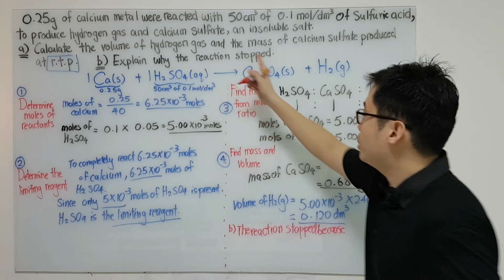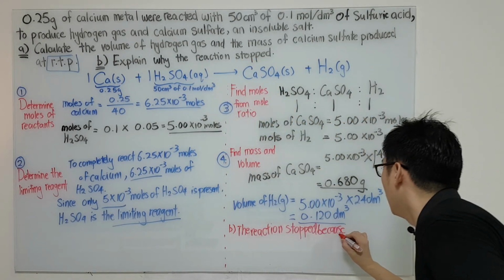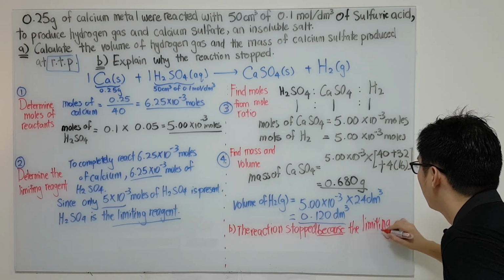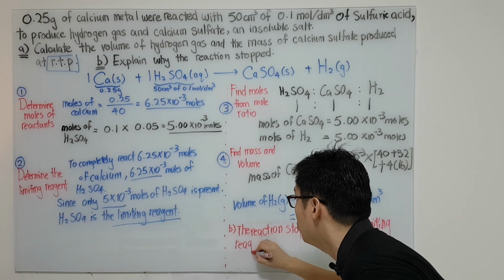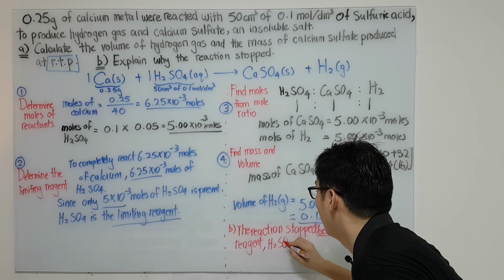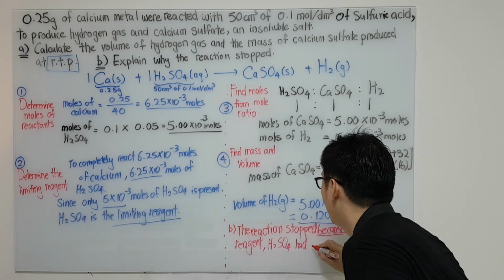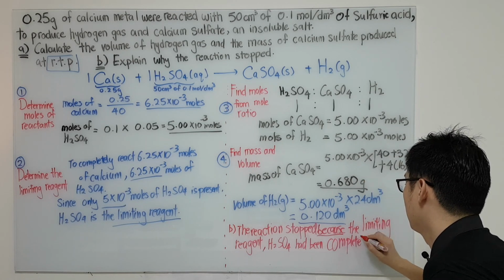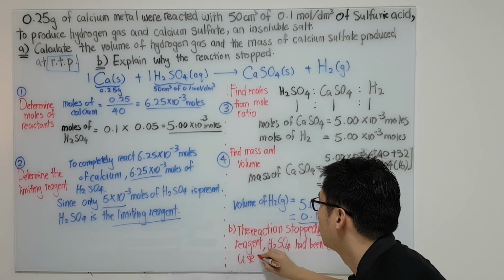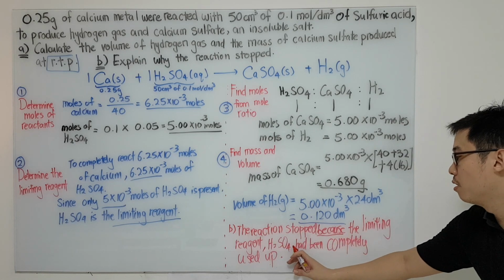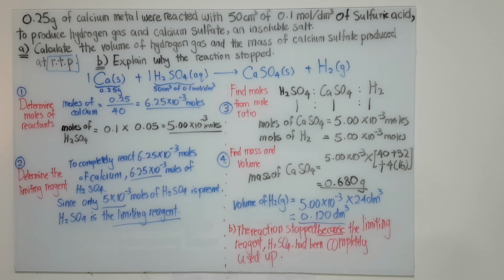The question asks why the reaction stopped, so you say the reaction stopped because the limiting reagent, and in this case you name the limiting reagent, H2SO4, had been completely used up. So the reaction stopped because the limiting reagent H2SO4 has been completely used up. And that is your answer.